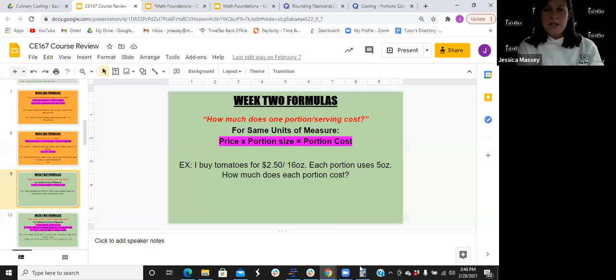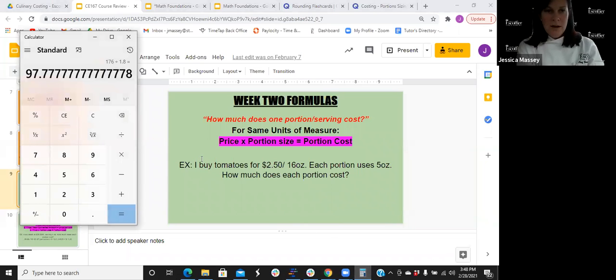Your first step is to break down your price per unit. So you would want to find out how much each ounce is first. So if you have $2.50 for 16 ounces, you would take your $2.50 and divide it by 16. And the biggest thing here is that you do not round to the end.